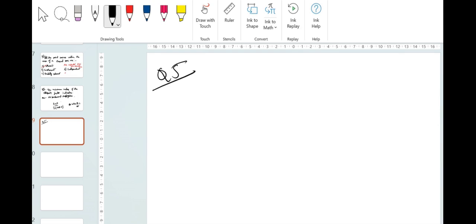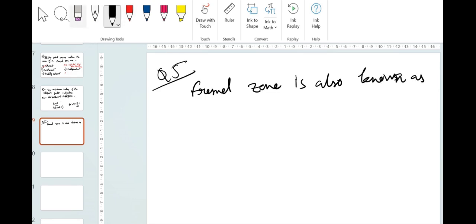Question 5: A Fresnel zone is also known as a half period zone.